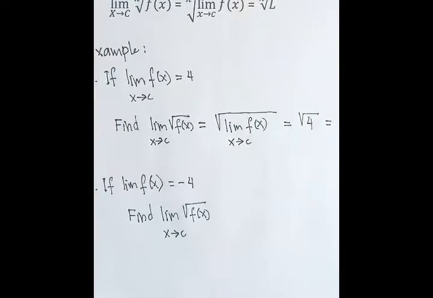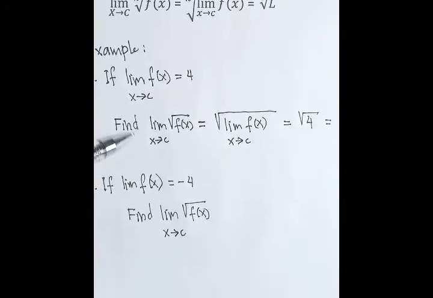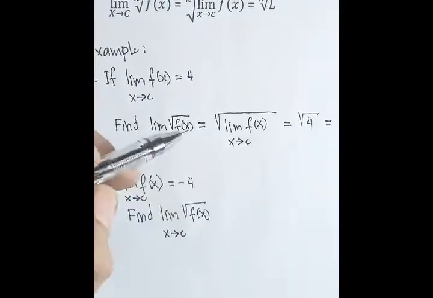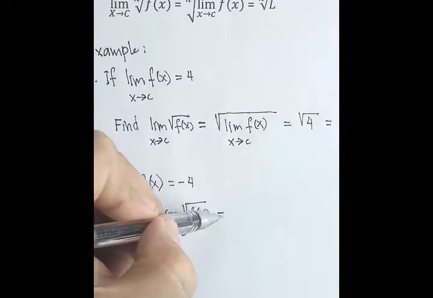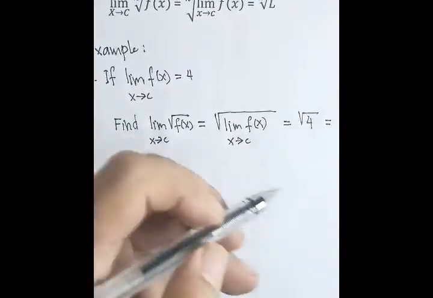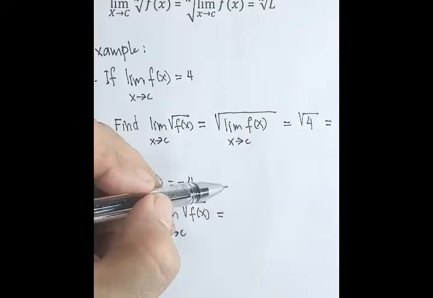Okay, for letter B, this time our limit of the function of x is equal to negative 4 as x approaches c. So we're going to find the limit of the square root of this function of x as x approaches c. So again, we just rewrite it. This index, everything goes under the index sign.